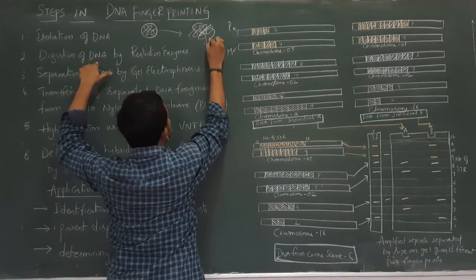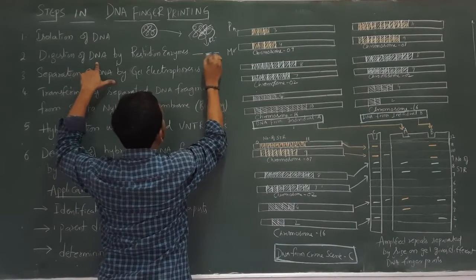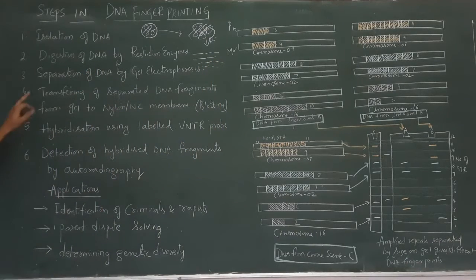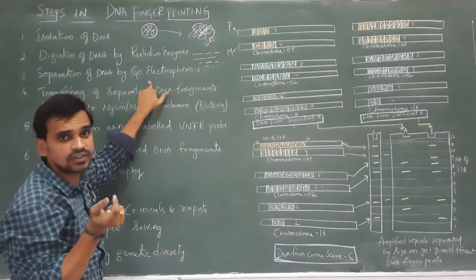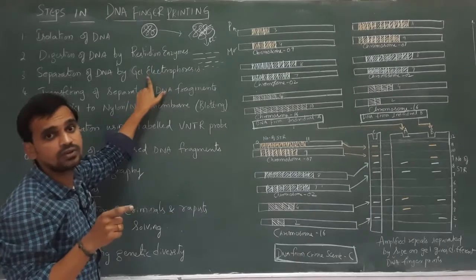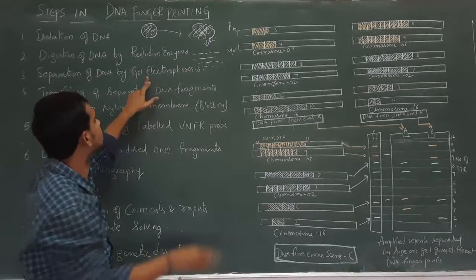When restriction enzymes are used, what happens? The DNA is cut into a number of pieces like this. Next, separation of DNA by gel electrophoresis. You cannot see the DNA with your naked eye. So, once you cut the DNA by using restriction enzymes, you can subject those fragments to gel electrophoresis.